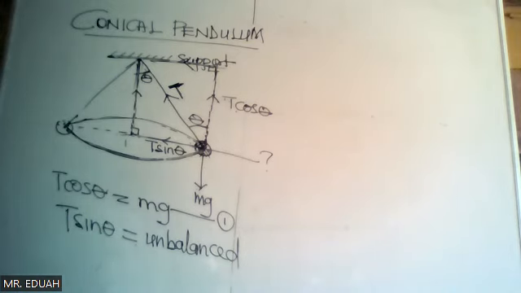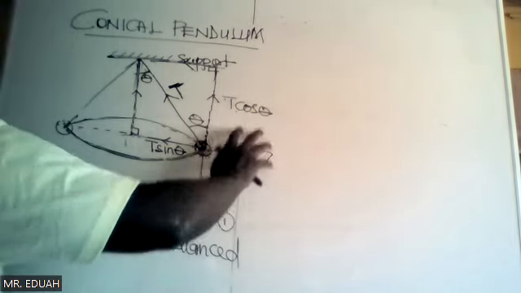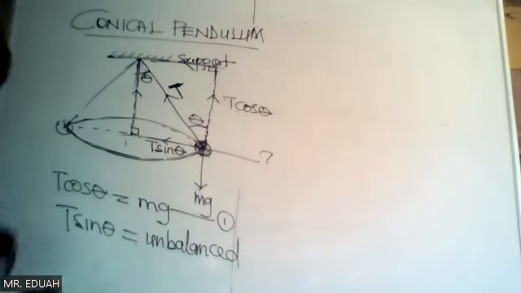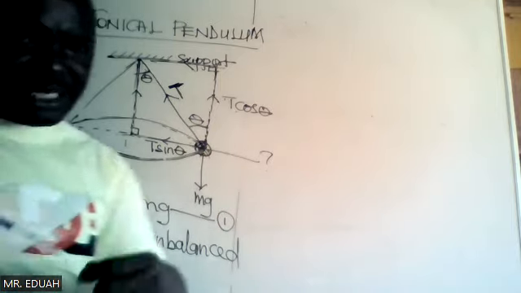about acceleration. Because this has no balancer at the other end, in a conical pendulum the body is always accelerating towards the center.